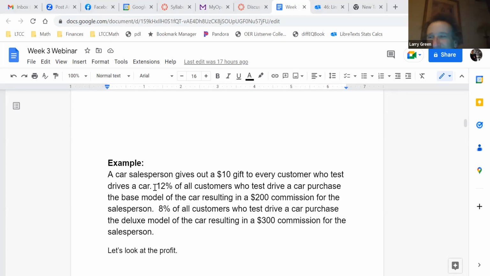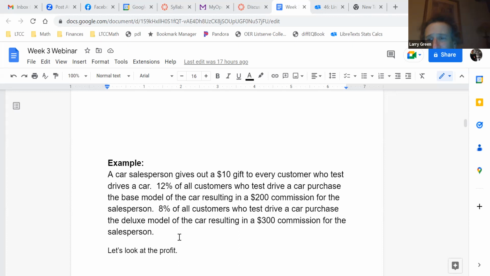You bring them in, that's how you get them to come. 12% of all customers who test drive a car purchase a base model of the car, resulting in a $200 commission for the salesperson. 8% of all customers who test drive a car purchase the deluxe model of the car, resulting in a $300 commission for the salesperson.